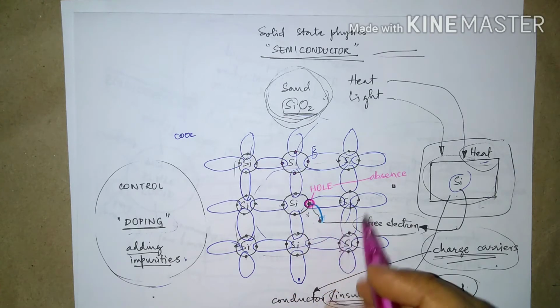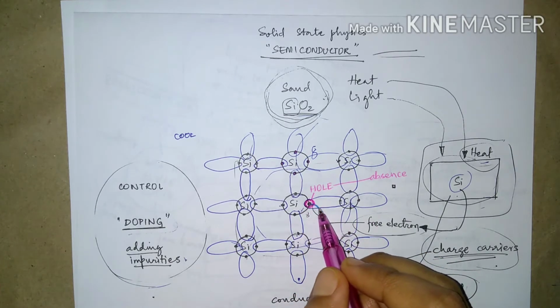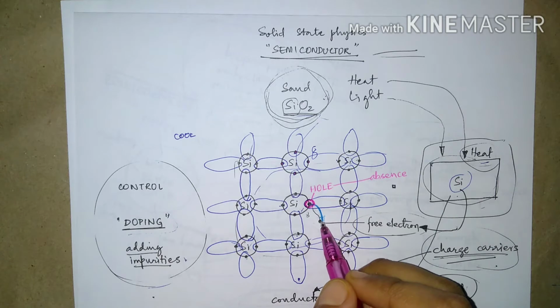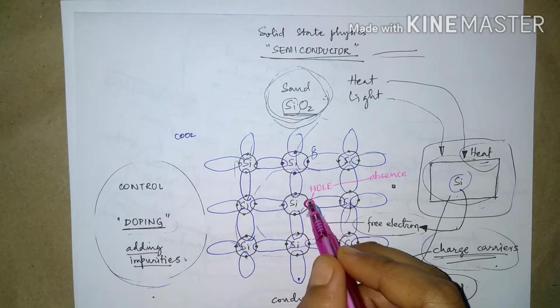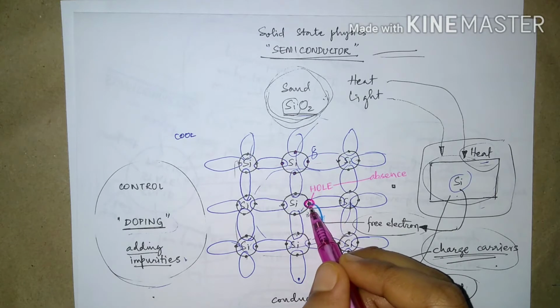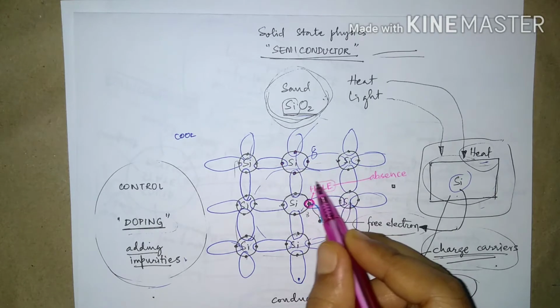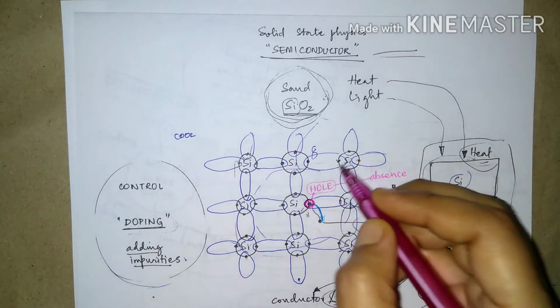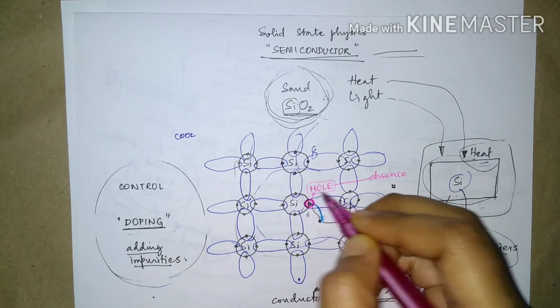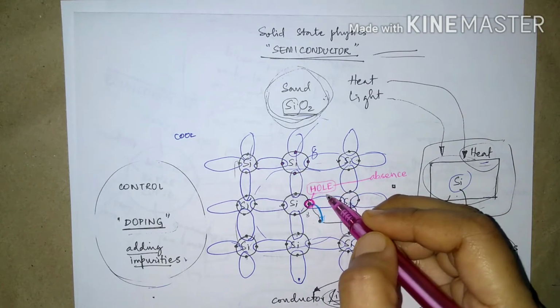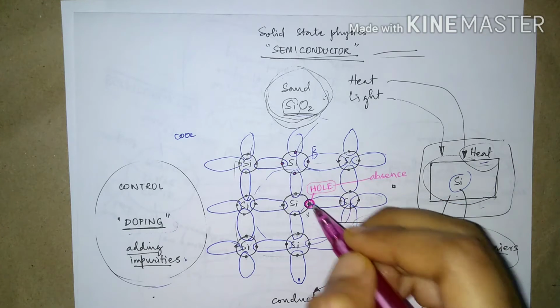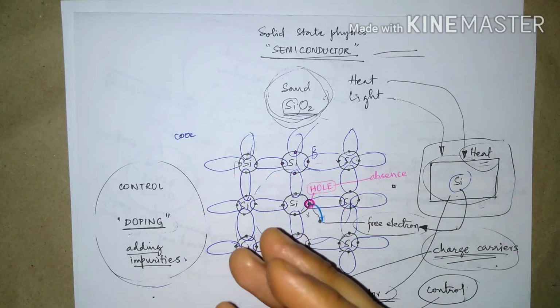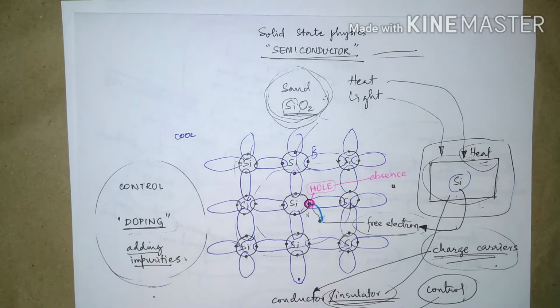That is how, whenever an electron gains energy and comes out of that particular atom, it creates a hole, which becomes a place where an electron is trying to go and fill in.